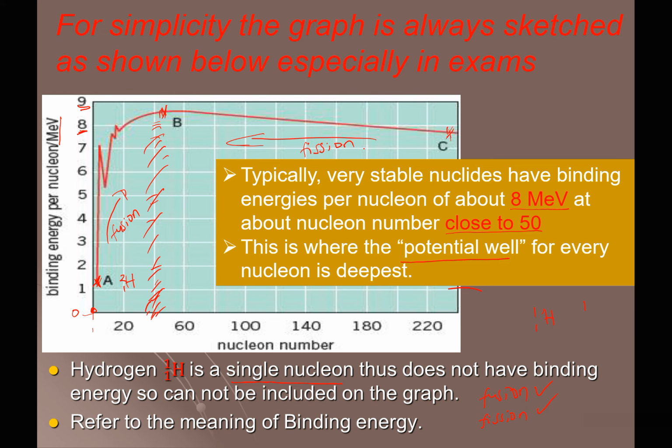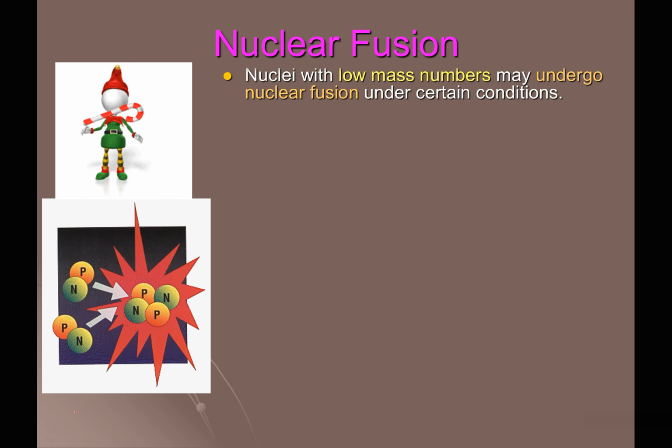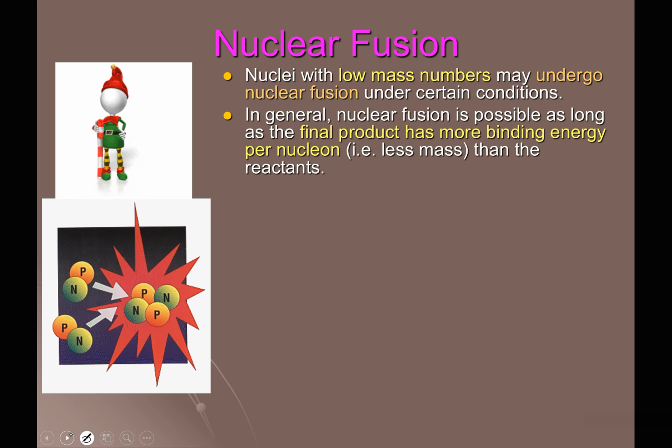So let's first understand what we mean by fusion. Let's start with what we are going to call nuclear fusion. Like I have mentioned, nuclei with low mass numbers or low nucleon numbers may undergo nuclear fusion under certain conditions. In general, nuclear fusion is possible as long as the final product has more binding energy per nucleon than the reactant.